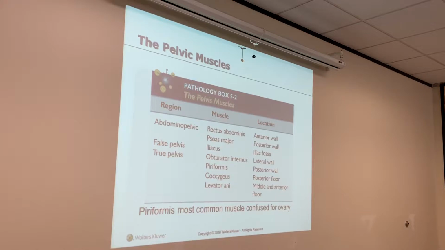It's the piriformis muscle that is the most common muscle confused for an ovary. The piriformis. You have your coccygeus, which is the posterior floor. And you have your levator ani. Your levator ani is also called the diaphragm or the pelvic floor.